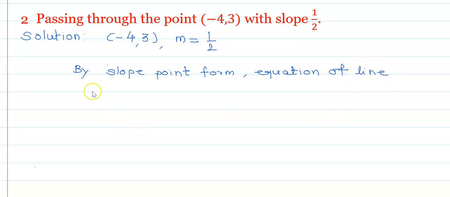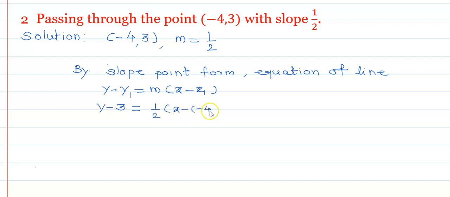What is that formula? It's y minus y1 equals m(x minus x1). Now substitute the values. y minus 3 equals, the value of m is 1 upon 2, (x minus (minus 4)), bracket complete.